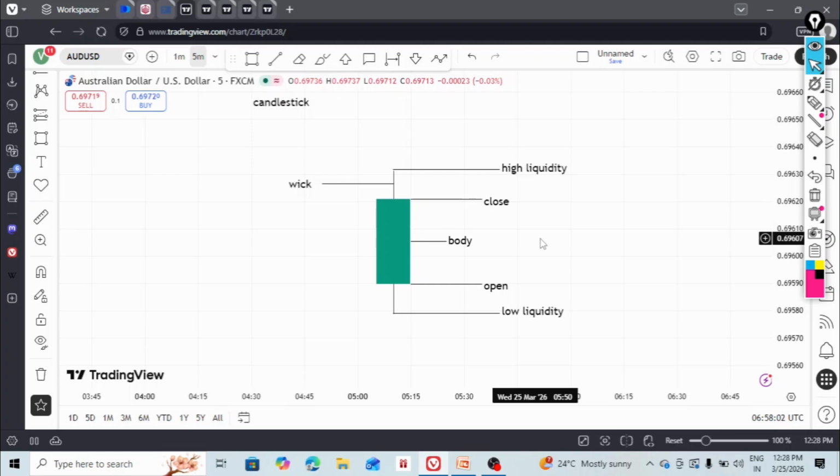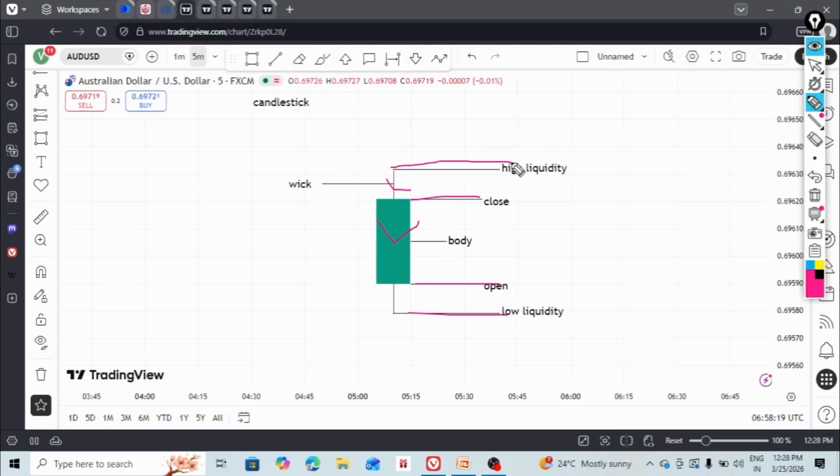So this is the body, the wick, the closing price, the opening price, the low, and the highest point is the high of the candle.